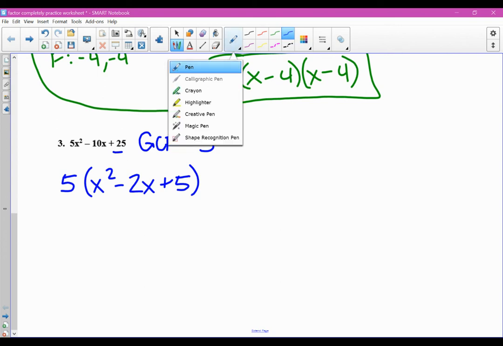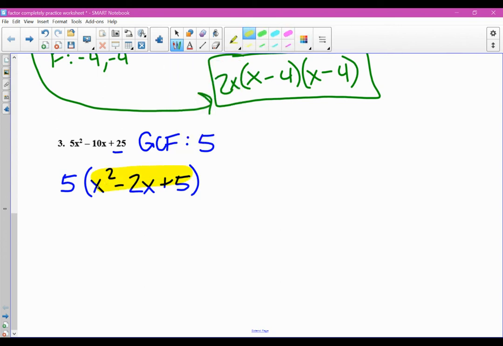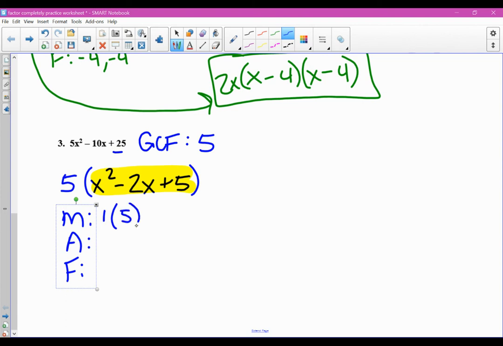Okay, so now we want to look at this inside piece here, and we have m, a, f. So I am multiplying 1 times 5, which gives us 5, and I want to add to negative 2.